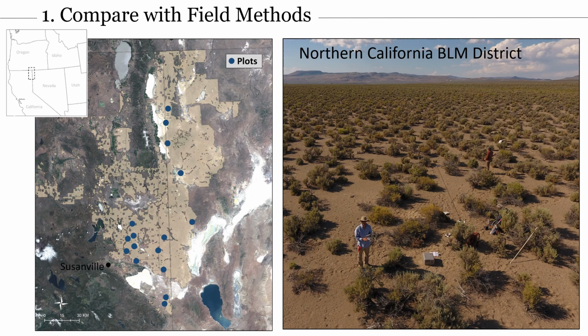It is the BLM's national scale data collection program. So I embedded with a field monitoring crew and went out to each of these plots. The crew did their field measurements, and I flew drones and collected a lot of imagery, and then we did a massive comparison between the results.